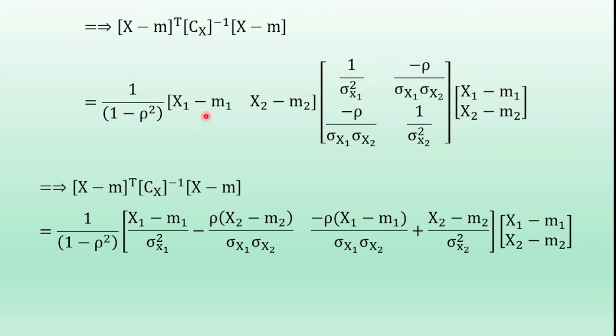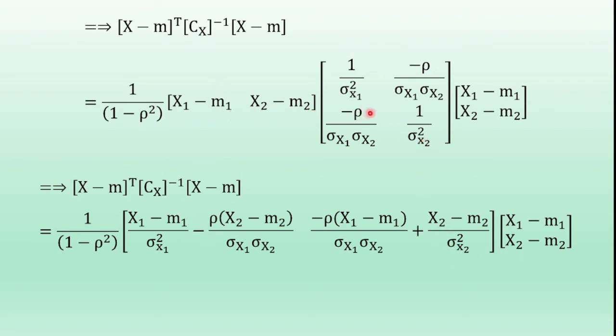x1 minus m1 into 1 by sigma x1 square, x1 minus m1 into minus rho by sigma x1 sigma x2, and x2 minus m2 into minus rho by sigma x1 sigma x2, x2 minus m2 by sigma x2 square.